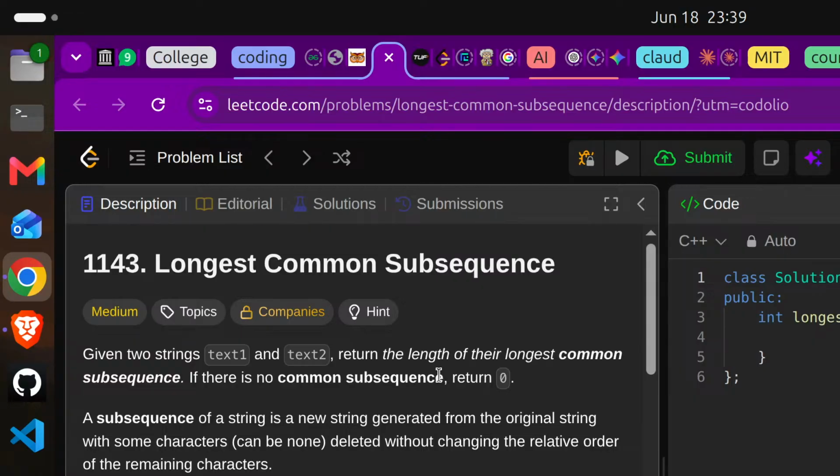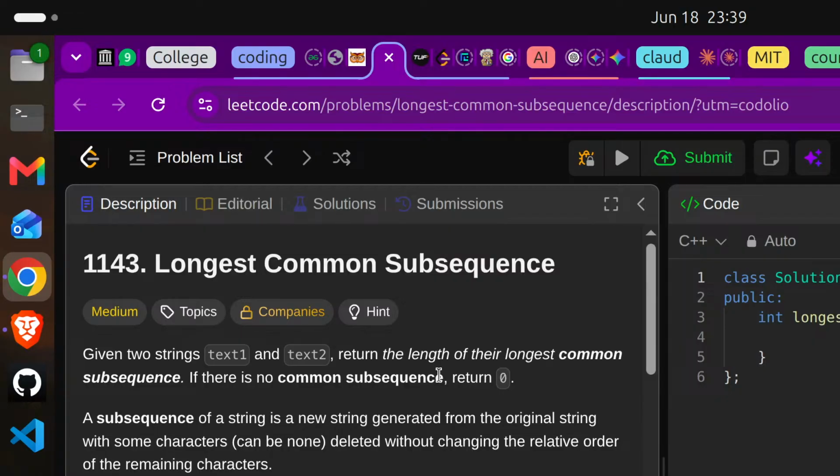So we have this string. We will have a function here, which will take a string S1, string S2, and integer i, integer j.